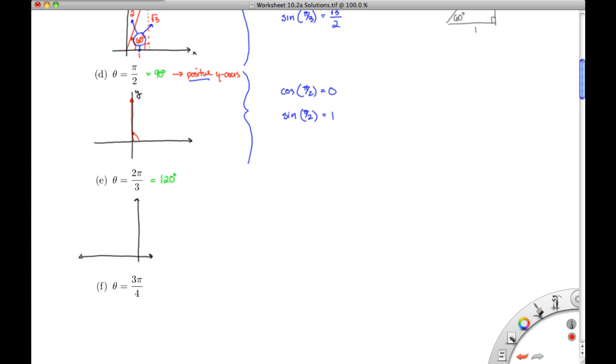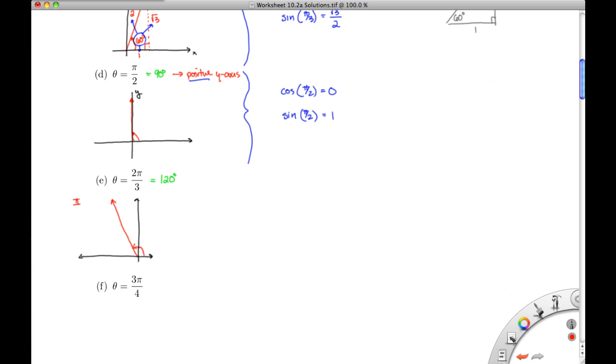So when we rotate this, we're going to rotate 90, and then we're going to need to go another 30 degrees. So we've got this angle going on right here. So we are in quadrant 2. Okay, so there's our angle.